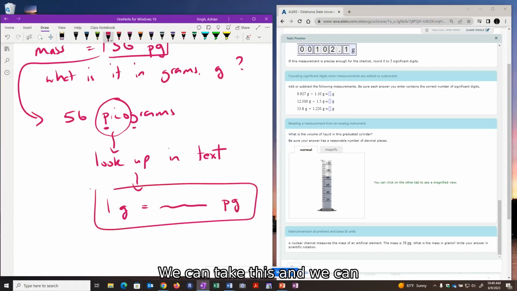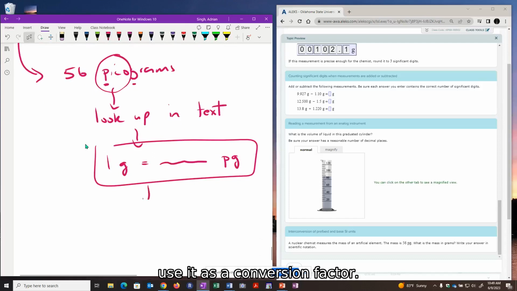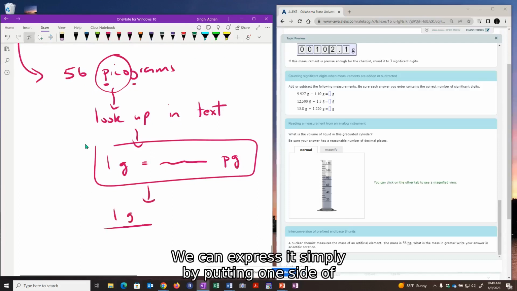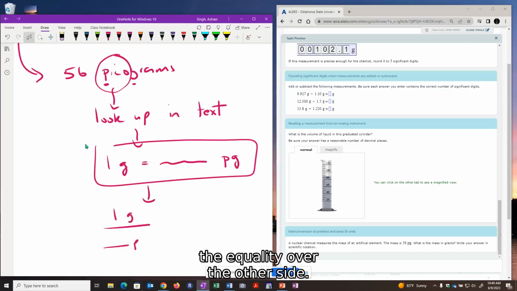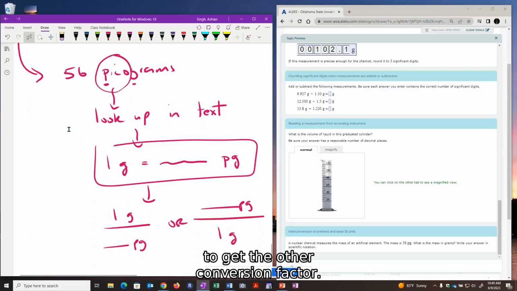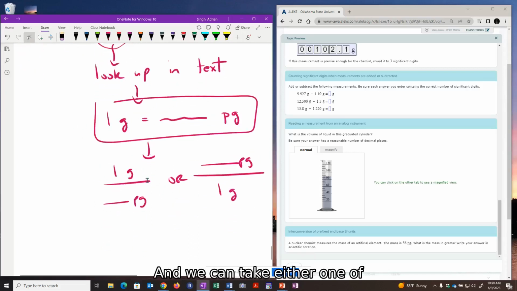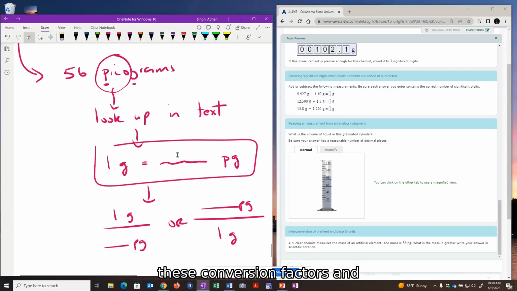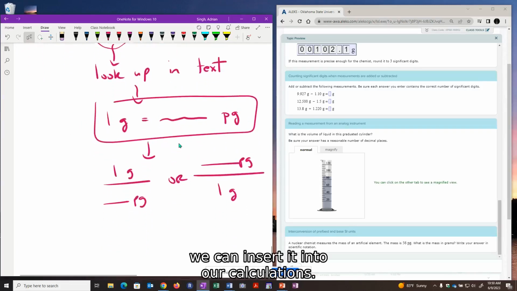We can take this and we can use it as a conversion factor, and we can express it simply by putting one side of the equality over the other side, or we can just flip it to get the other conversion factor. And we can take either one of these conversion factors and insert it into our calculation.